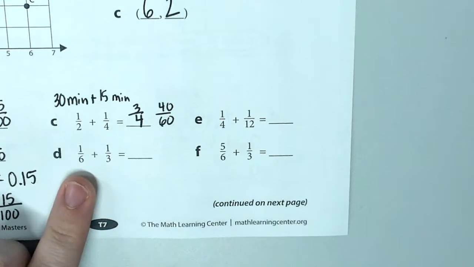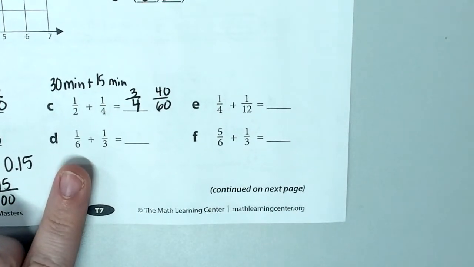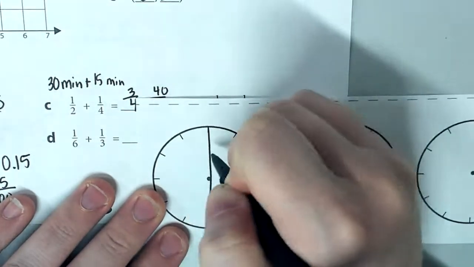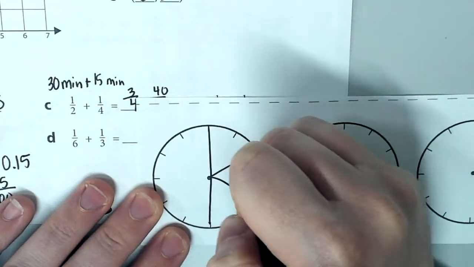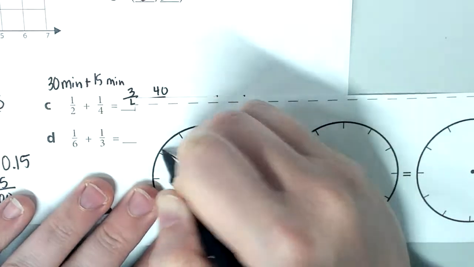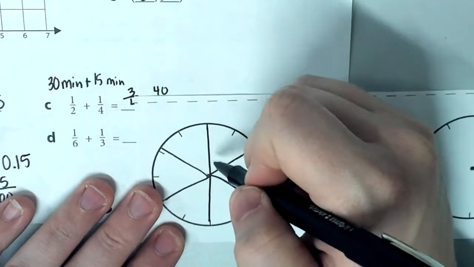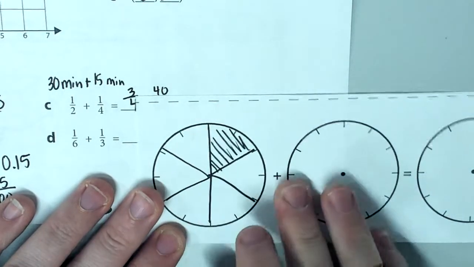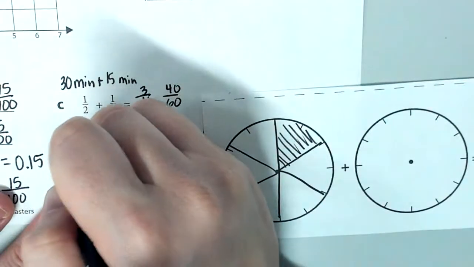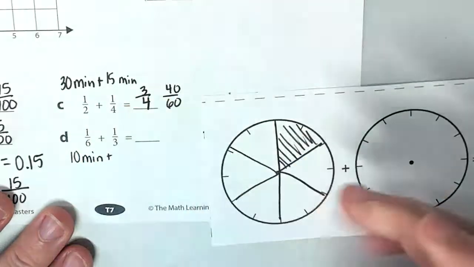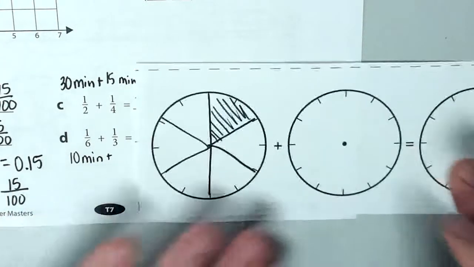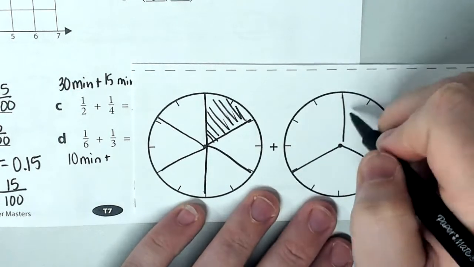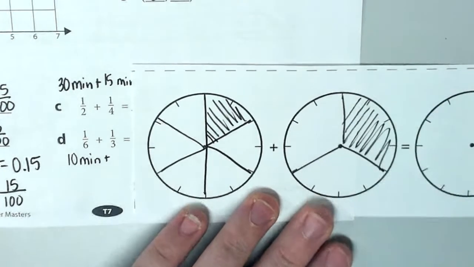Let's go to D. We have 1/6 plus 1/3. I'm going to use clocks again for this one. I'm going to divide my clocks into sixths. And I'm going to shade in 1/6. How many minutes is that? That's 10 minutes. 1/3. I'm going to divide my clock into thirds. Shade it in.